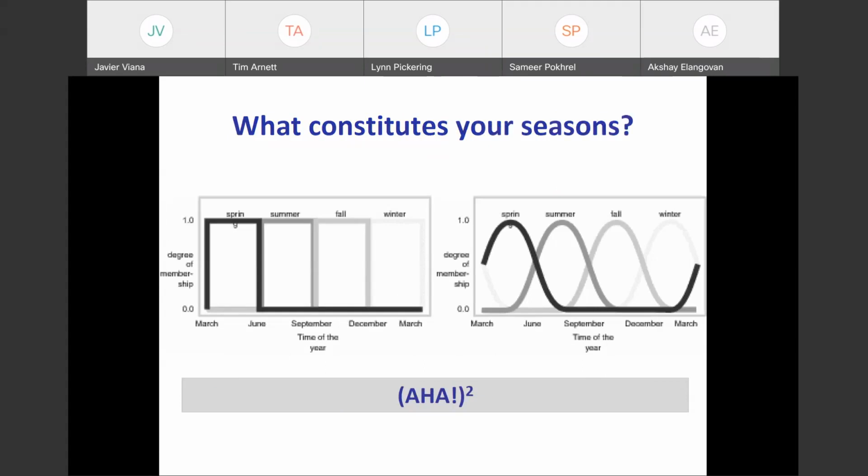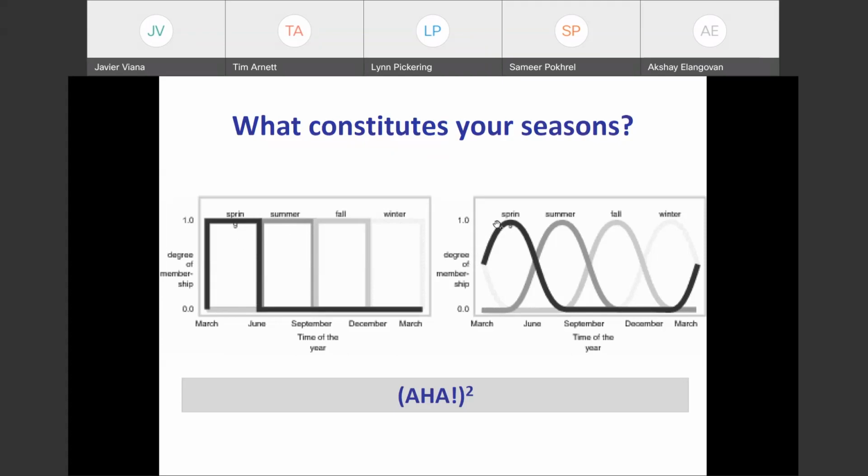We can do a similar thing with seasons of the year. We do have these dates on the calendar where spring, summer, fall, winter officially start. So you can classify it this way, but if you're trying to do something like weather prediction, it doesn't necessarily help you that much to have this hard cutoff.